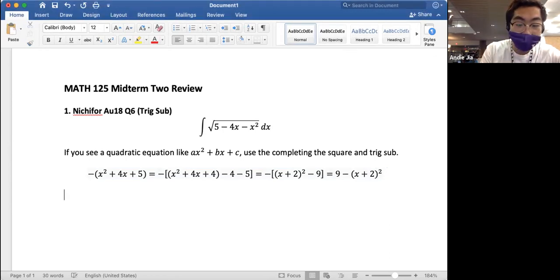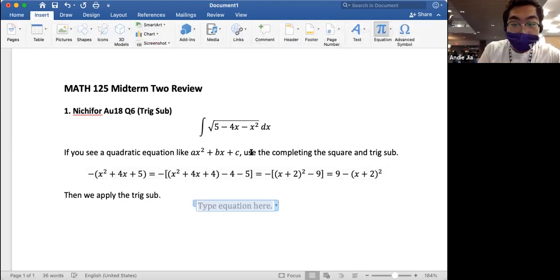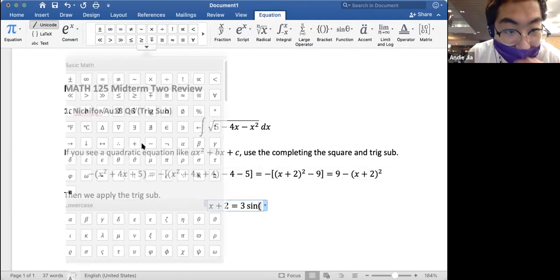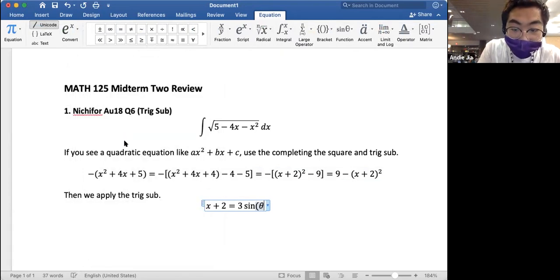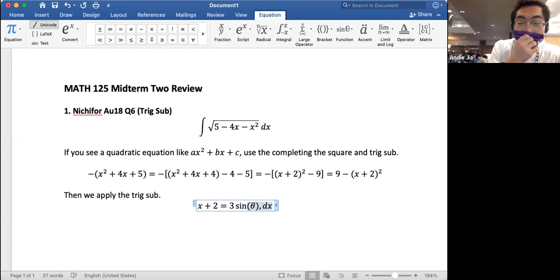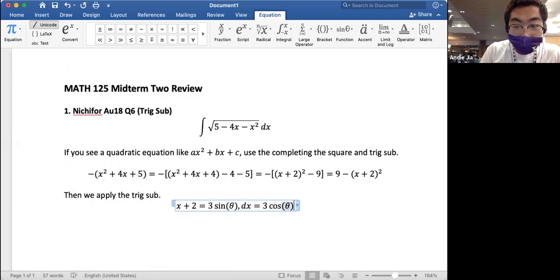Then we apply the trig sub. We set x plus 2 equal to 3 sine theta, so dx equals 3 cosine theta d theta.